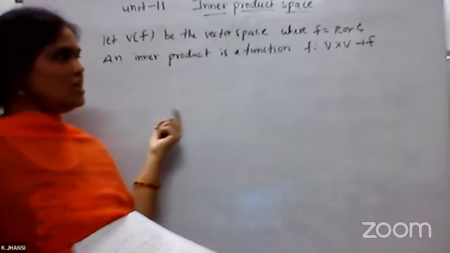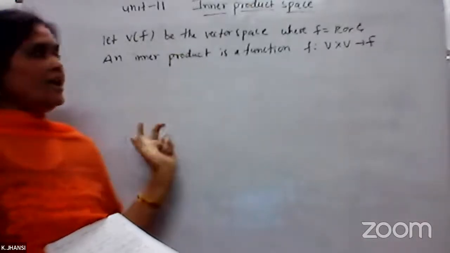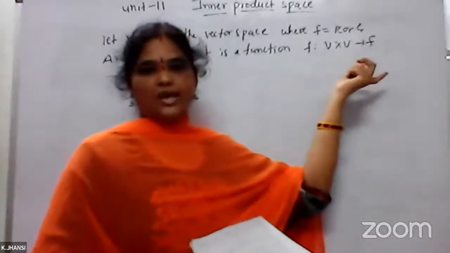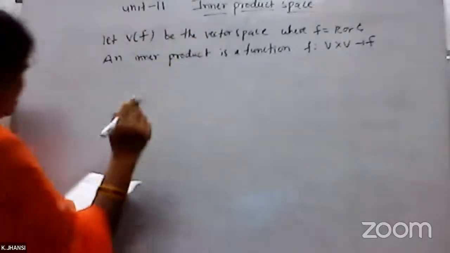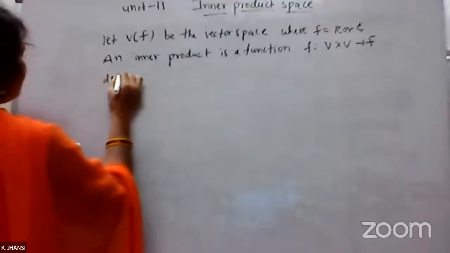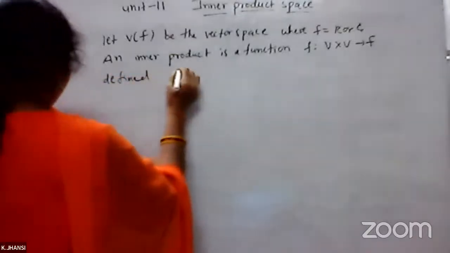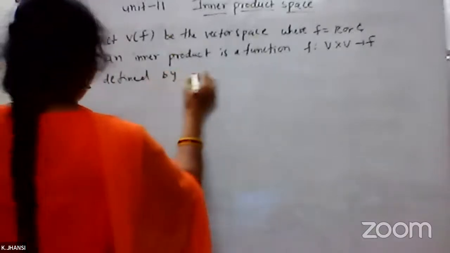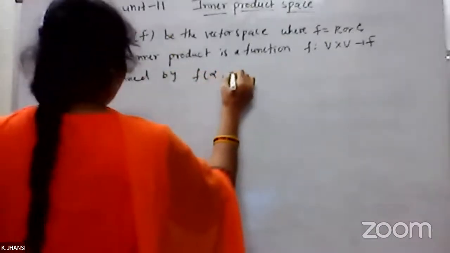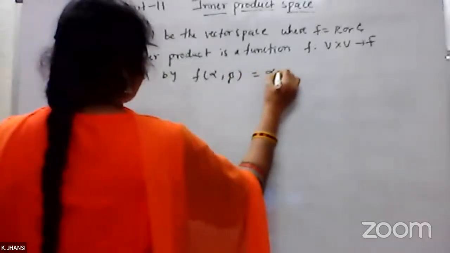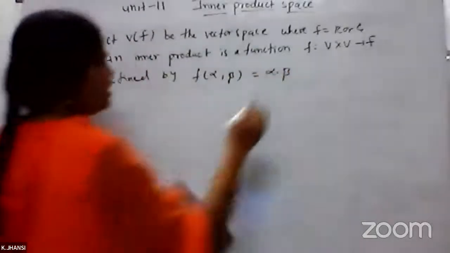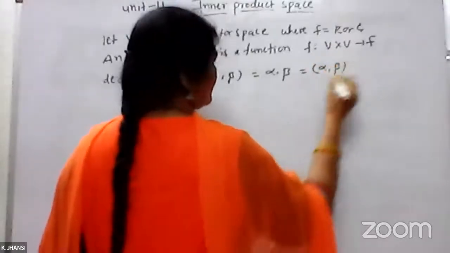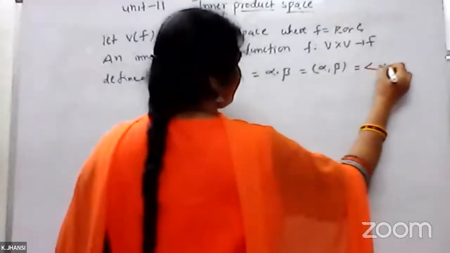Already we have seen in the first unit, in the introduction of the vector space, what are vectors and what are scalars. Okay, defined by f of alpha comma beta equals alpha into beta, or else we can write it as alpha comma beta.